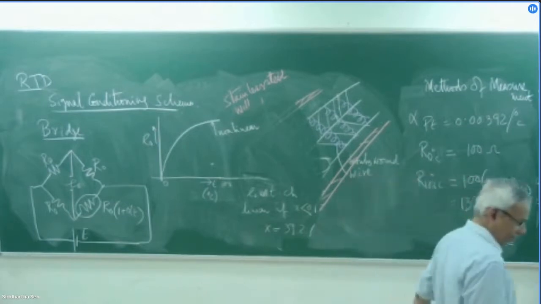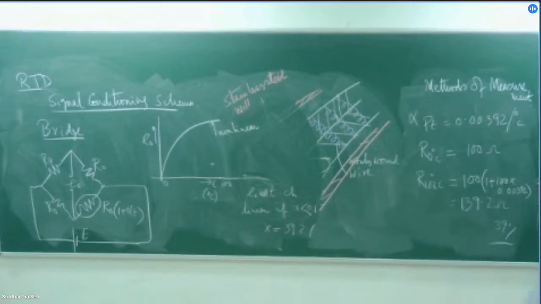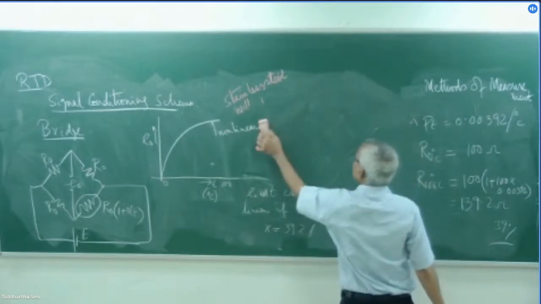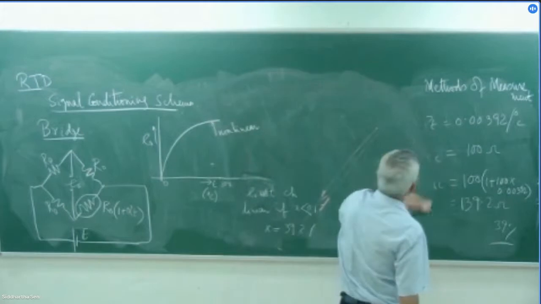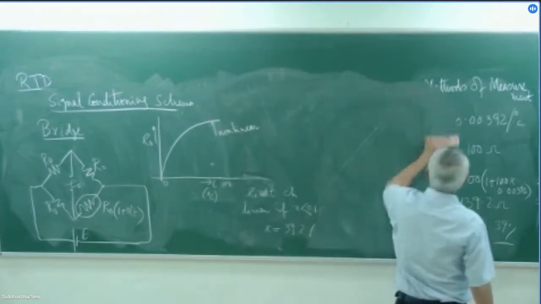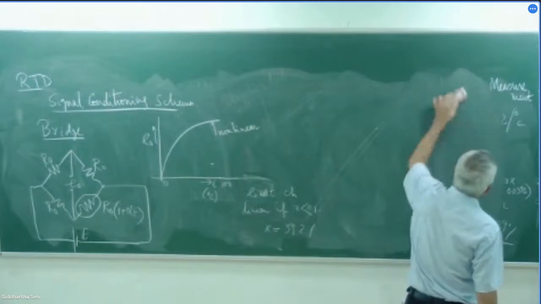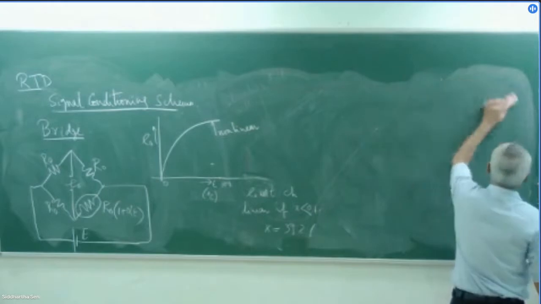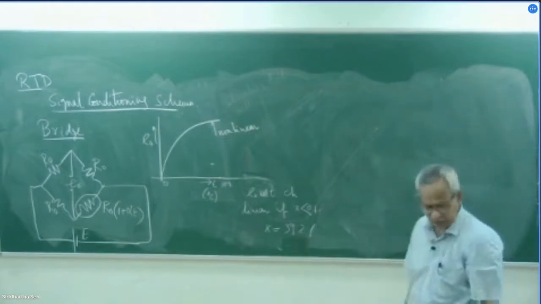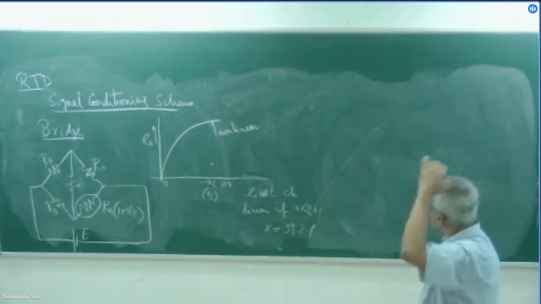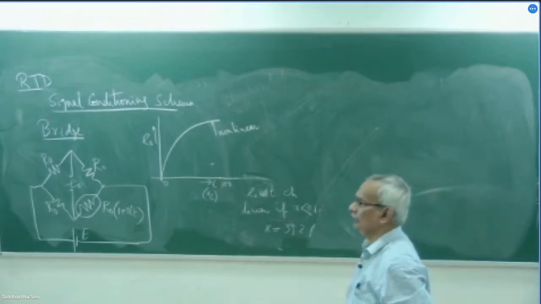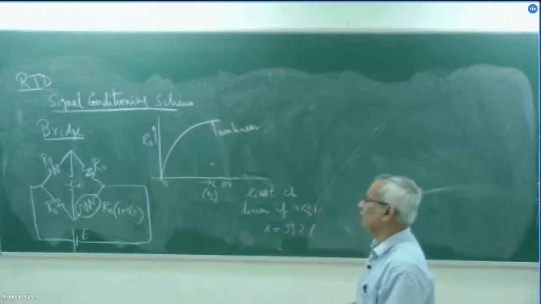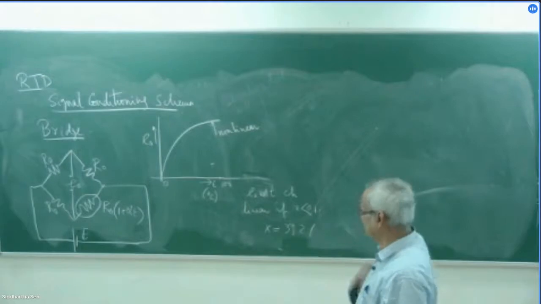The problem is that a bridge is a good idea, but if we use the bridge at a unity arm ratio, the sensitivity will be maximum indeed, but there will be a good amount of nonlinearity. We can also calculate what the nonlinearity is, and that is definitely a disadvantage of this scheme.